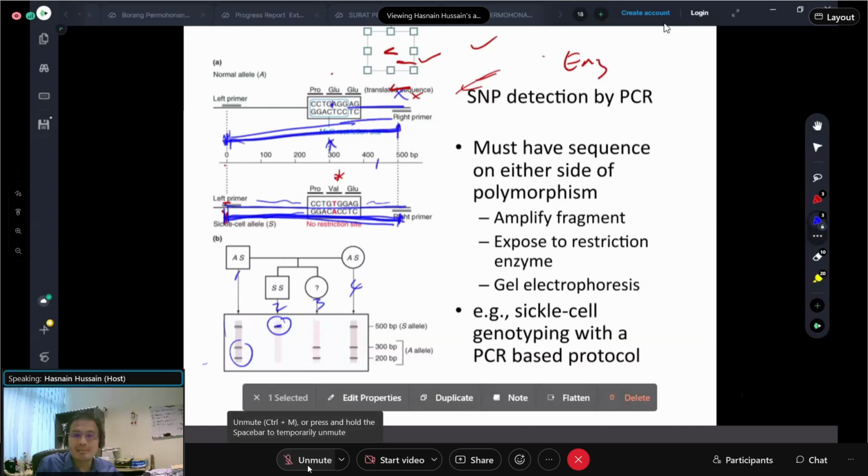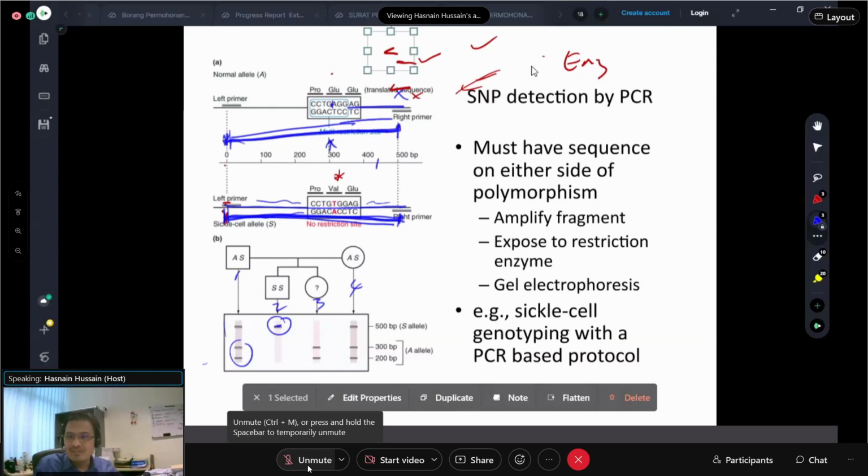It's not cut, but although they are amplified from different DNA, the concept of DNA when you run on the electrophoresis is based on the length.